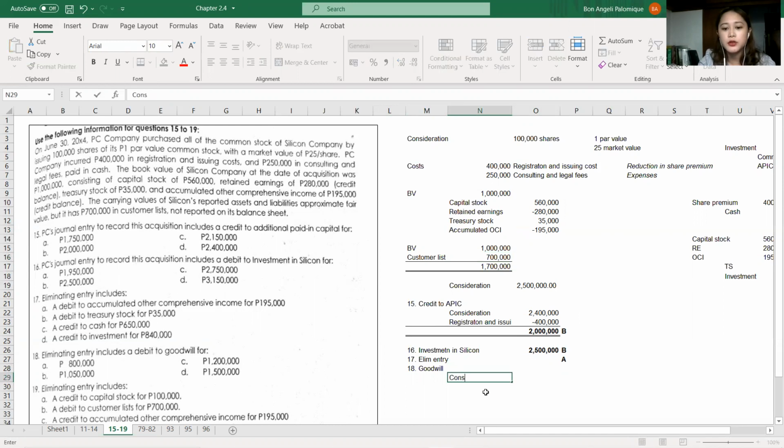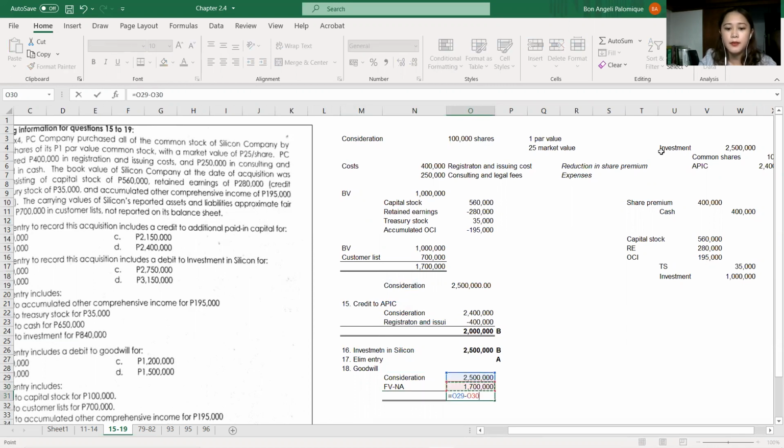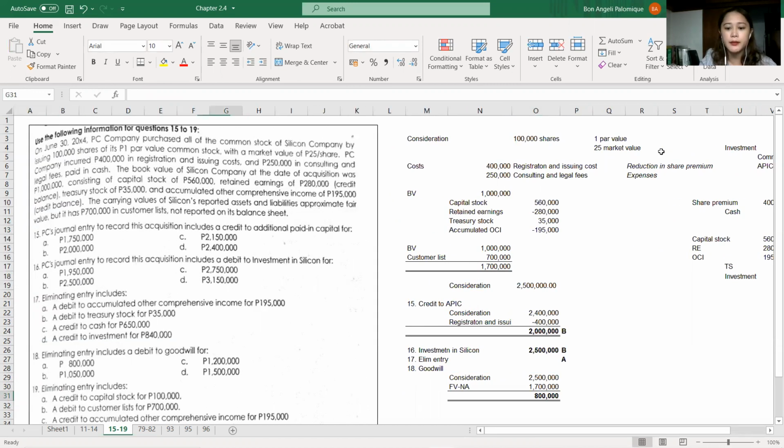So, consideration, which is yung 2,500,000. Tapos yung ating fair value net assets natin is ito, yung 1 million plus 700. So, ang goodwill natin is 800,000, letter A.